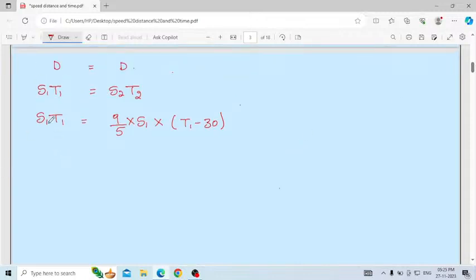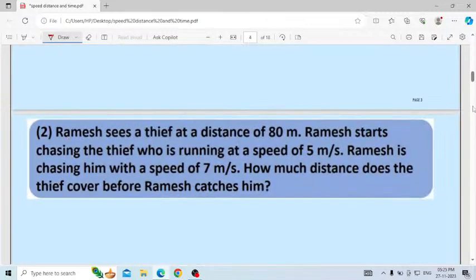Then S1 will get cancelled. Then T1 is 9 by 5 times of T1 minus 30. Then cross multiply: 5 into T1 equals 9 times T1 minus 30, and 30 into 9 is 270. Then consider here, otherwise shift here.